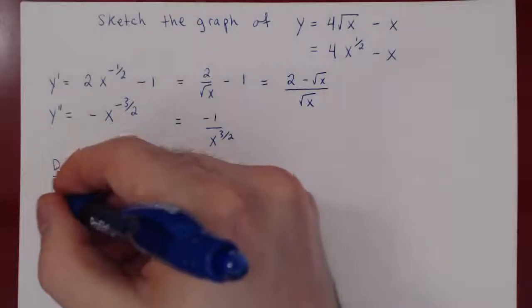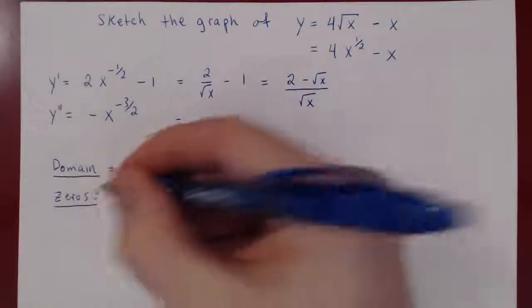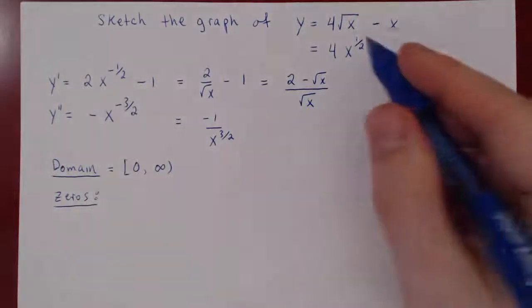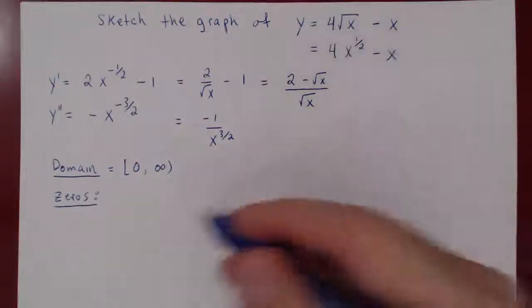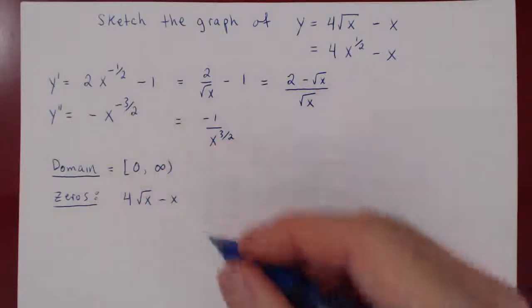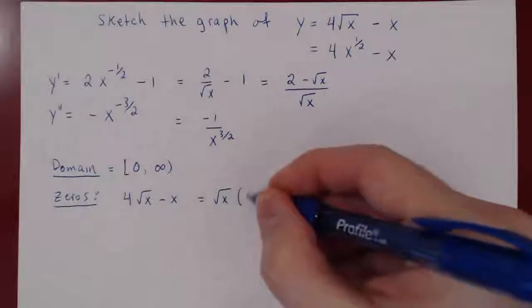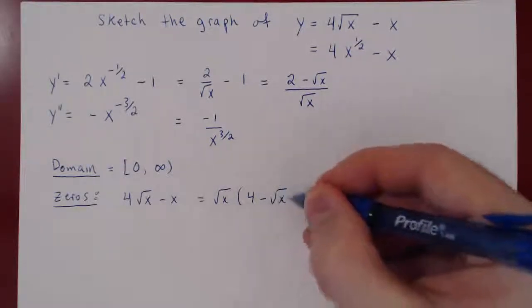Let's look for the zeros of this function. So y will be 0 for root of x minus x. Factor a root of x, and you'll get root of x times 4 minus root of x.